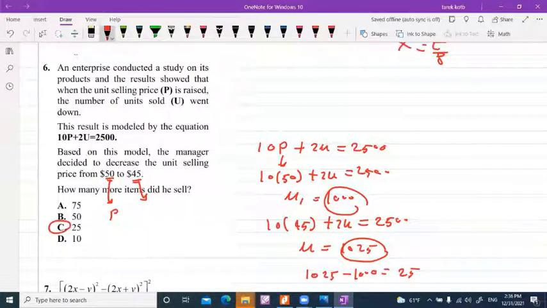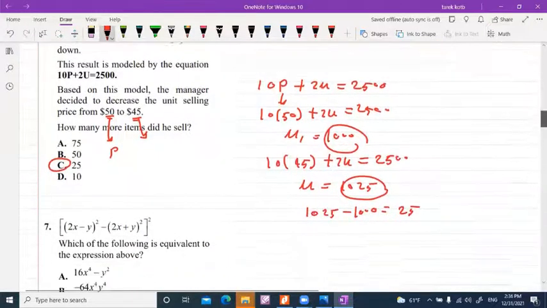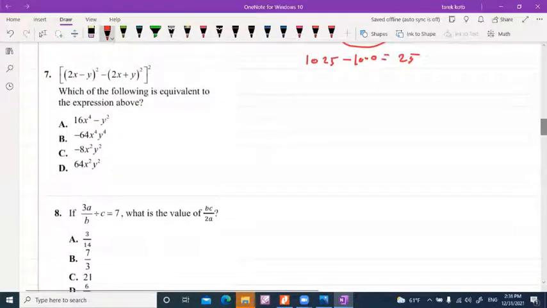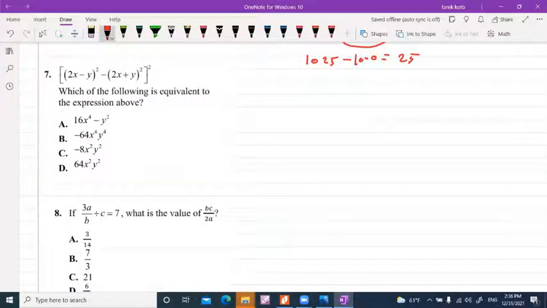Number 7. This is a very simple expression. You can simplify it easily. Can you solve this binomial? Yes. Square the first, it will be 4x squared.